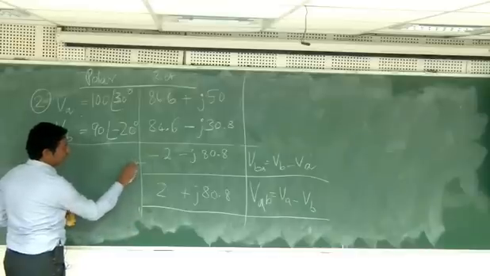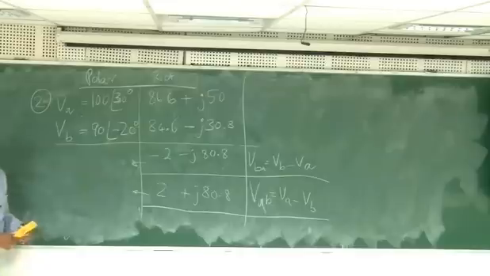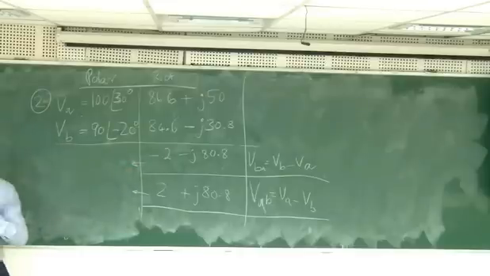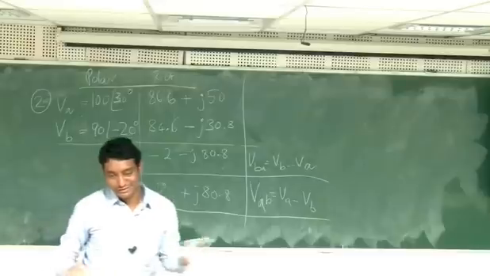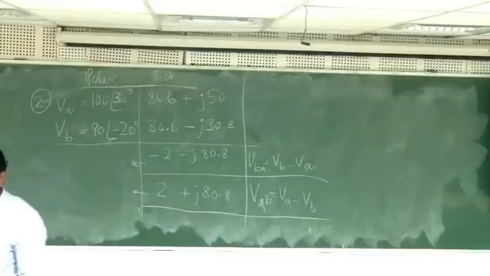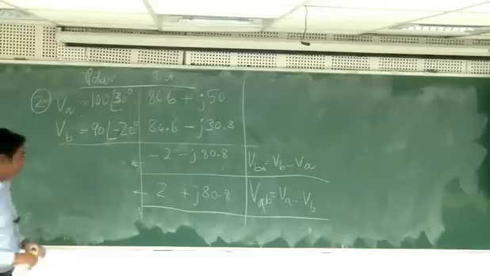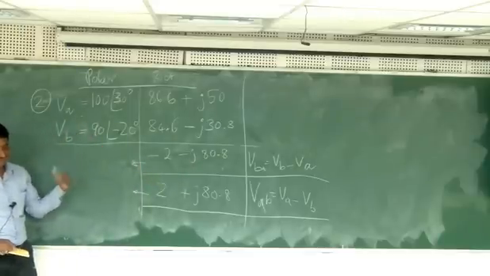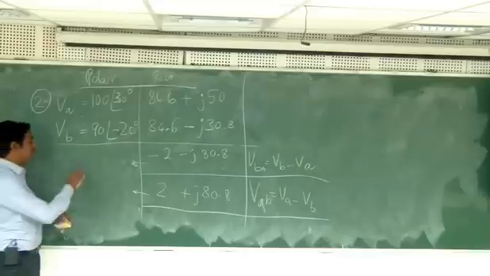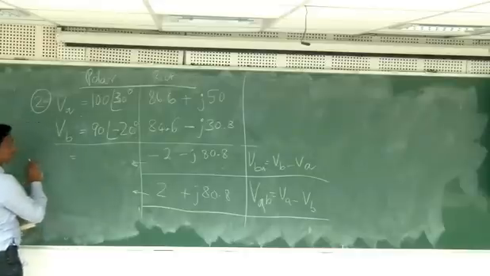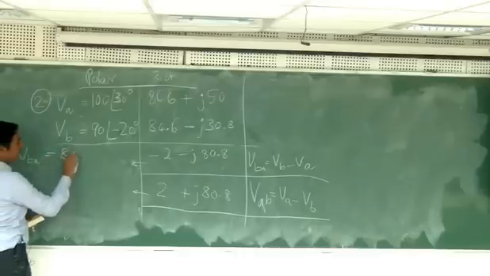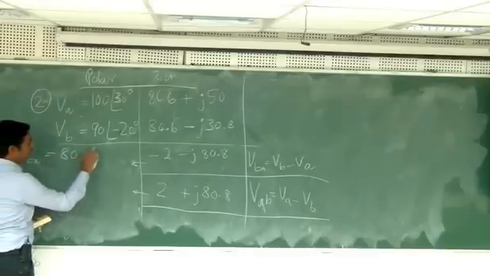So convert this one to polar form, and this one to polar form. How do you convert rectangular to polar? It's very fundamental, and you are going to do this probably hundreds of times if you are in power. So what is the magnitude? 80.8.